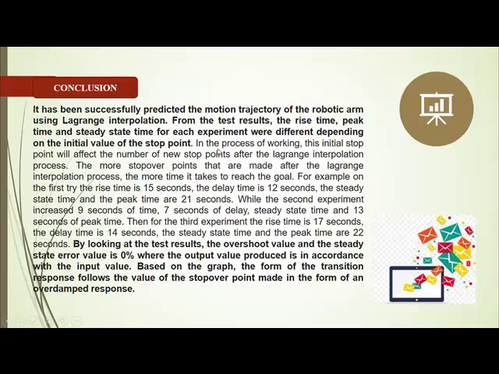In the process, this initial stop point affects the number of new stop points after the Lagrange interpolation process. For example, in the first experiment, rise time was 15 seconds, delay time 20 seconds, and steady state time and peak time were 21 seconds.